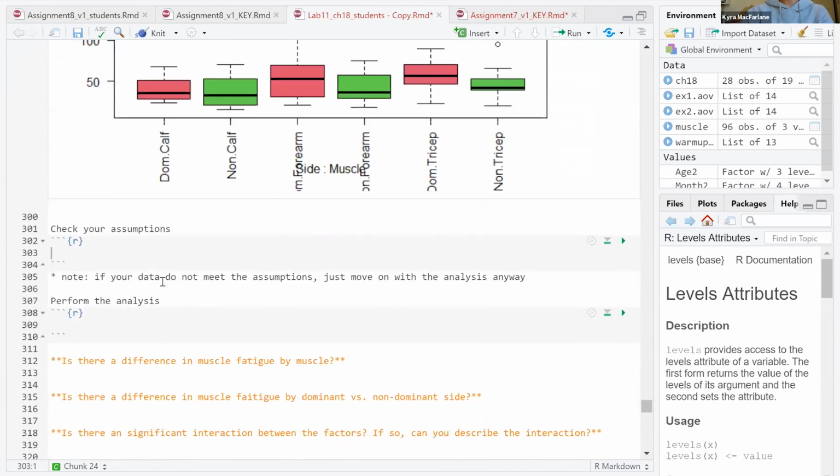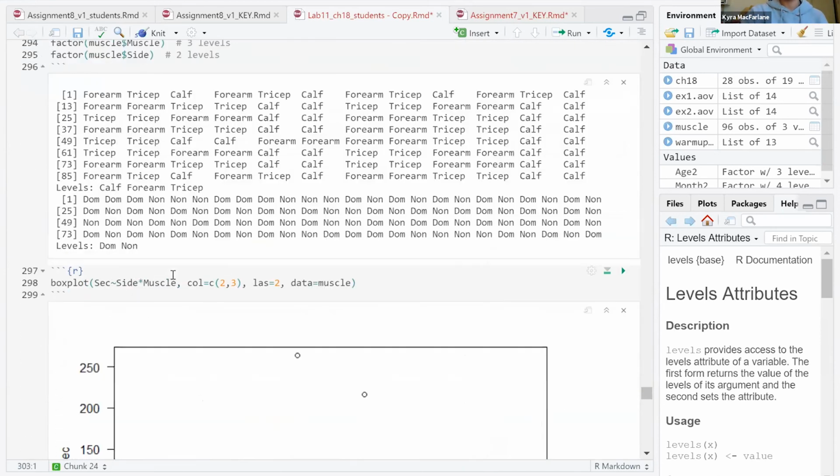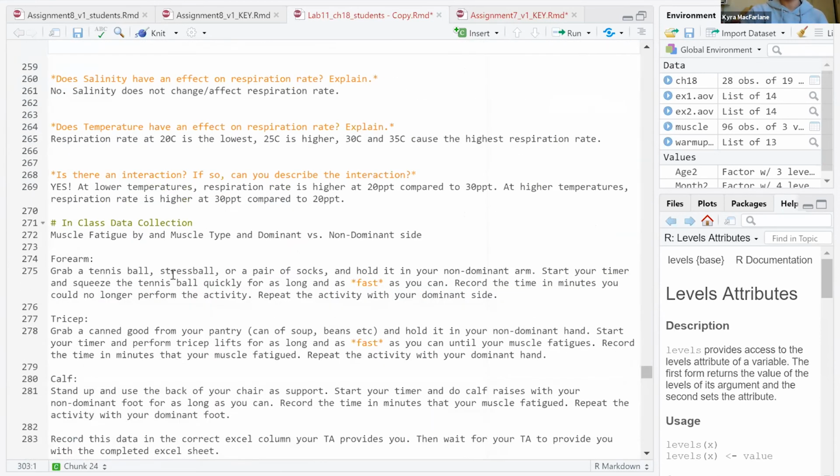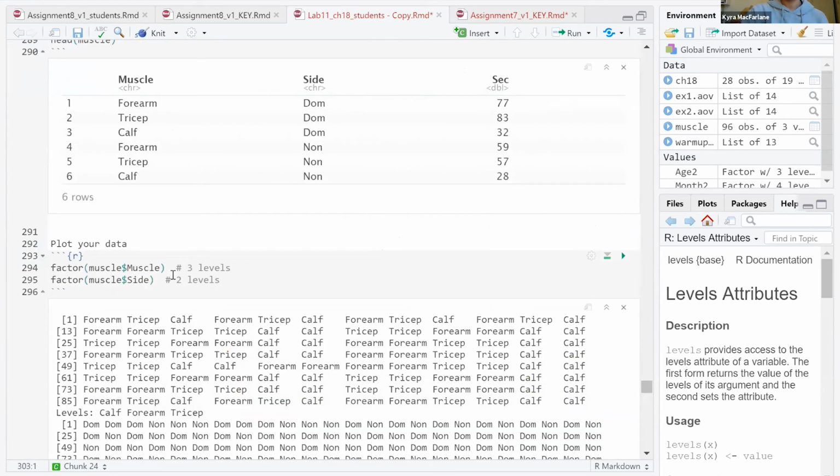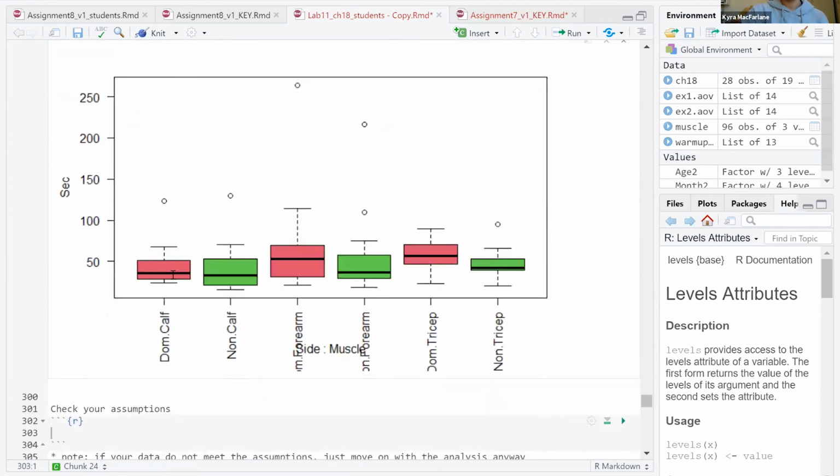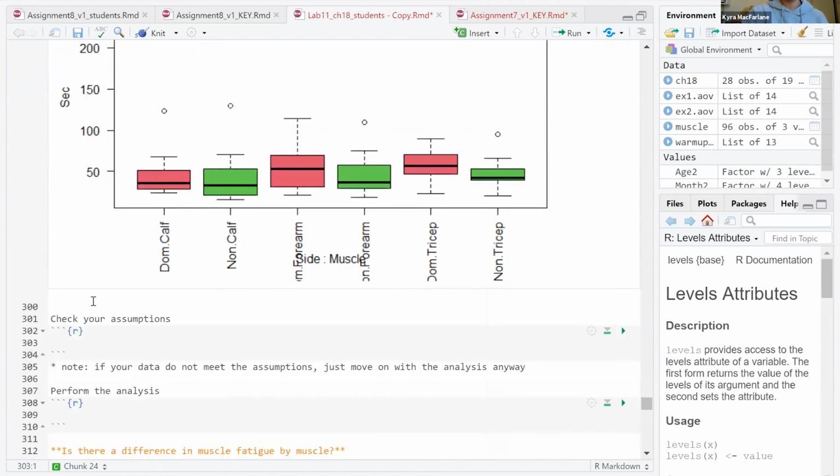Okay, so we plotted our data, check our assumptions. We didn't really write our hypotheses, but they would be that our variance among is less than or equal to our variance within for our null hypothesis.